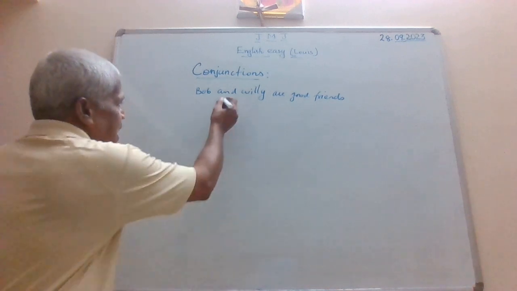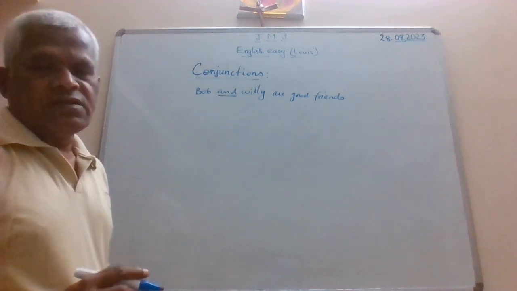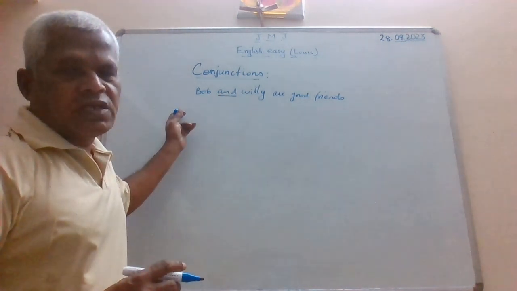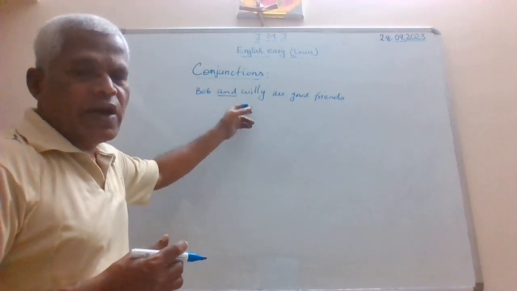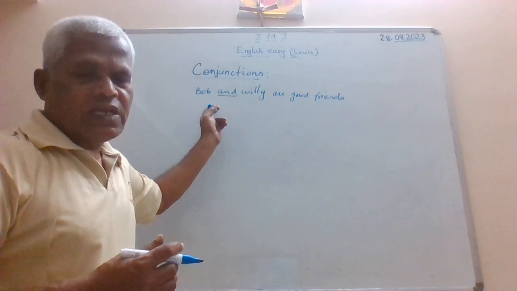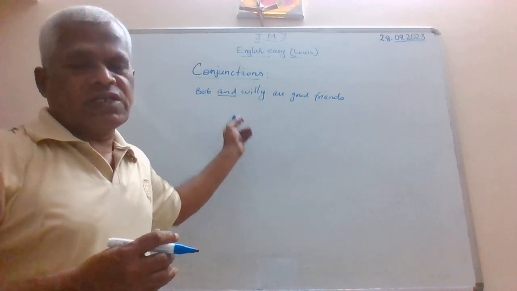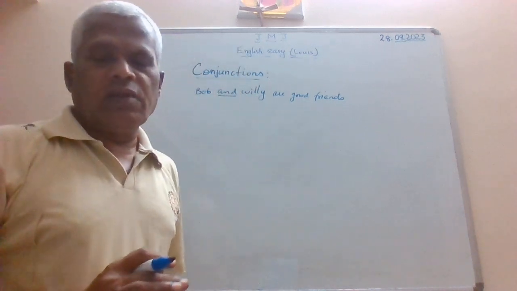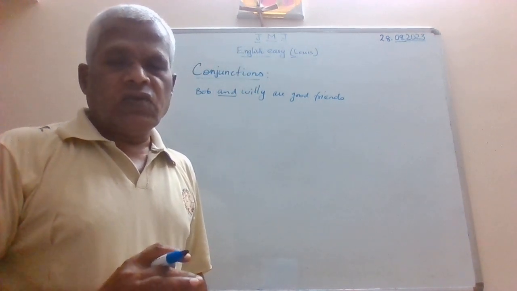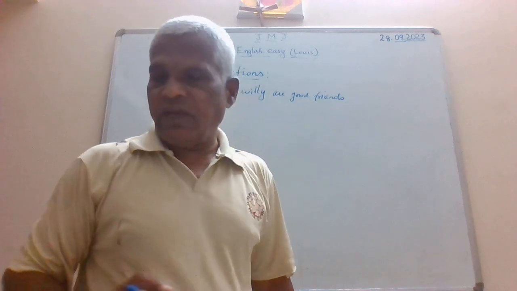See here in this sentence, "and" is your conjunction. What does it show? It gives us the relationship between Bob and Willie. So it joins two words. They actually function as linkers. Conjunctions are none other than linkers, we call them.